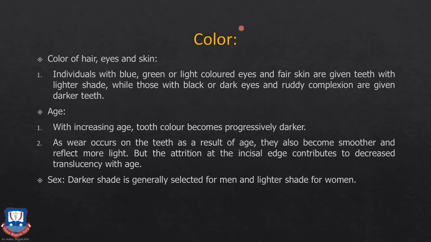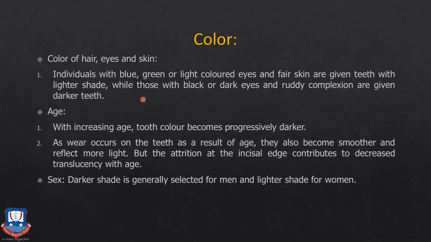Next is the color. We can also look at the patient's color of hair, eyes, and skin to decide what type of tooth mold or tooth shade we need to select. Individuals with blue, green, and light-colored eyes, generally Europeans and North Americans, will tend to have a lighter teeth shade, whereas those with darker skin or darker eyes will have a darker teeth shade.